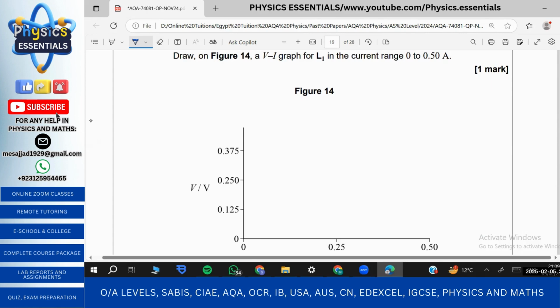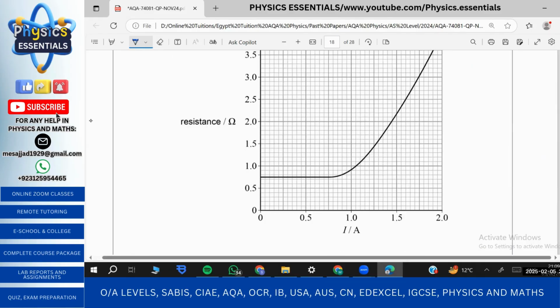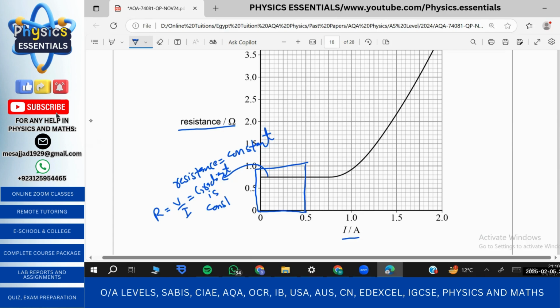Okay. First of all, you should know that R equals V over I. It means if I find the gradient of the graph V against I and I get a constant gradient, then it shows that the graph is a straight line, right? Now, if you take a look here, from 0 to 0.5, in this region, you see this is R and this is I, right? So the resistance here is constant, and when resistance is constant, we will say the gradient is constant, right?